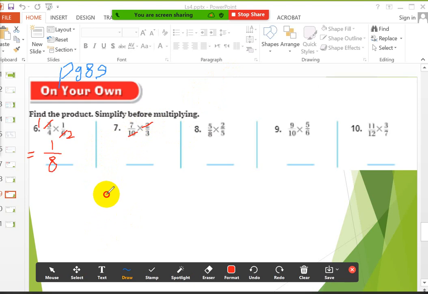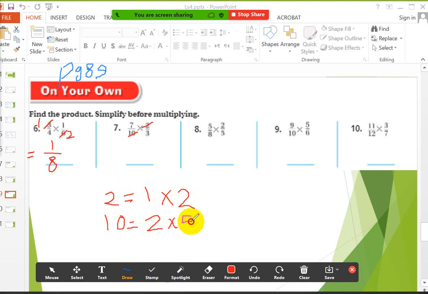Girls, for the greatest common factor, I have to find the multiples for each number. What are the multiples for 2? 1 multiply 2, right? This is the point for the greatest common factor. And what are the multiples for 10? It's 2 multiply 5, right?